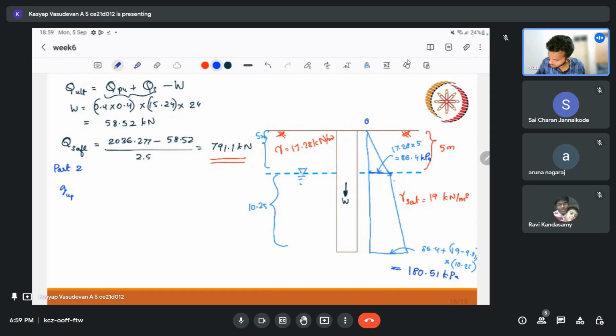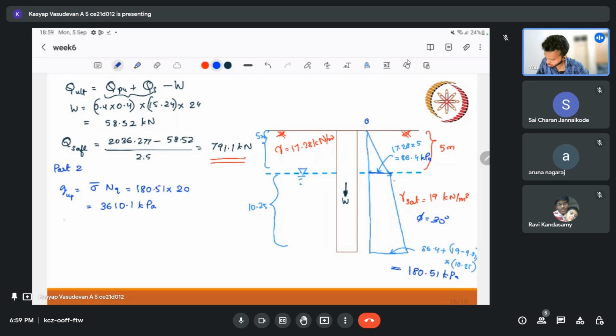QUP is equal to gamma dash NQ. What is gamma dash at base? That is 180.51, into our NQ, which remains the same because we are taking the phi value the same as 30 degree, and L by D is also the same. So our QUP will be 3610.1 kPa.